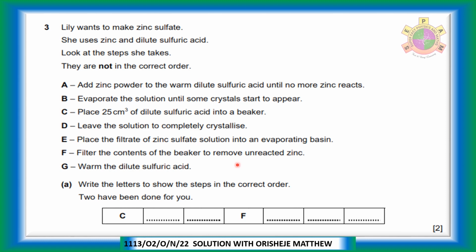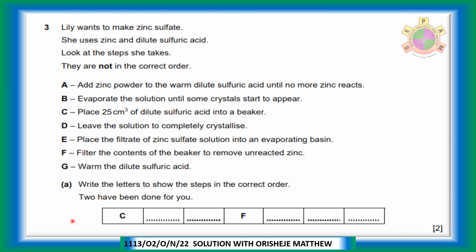Now, Lizzie wants to make zinc sulfate. She uses zinc and dilute sulfuric acid. Look at the steps she takes. They are not in the correct order.